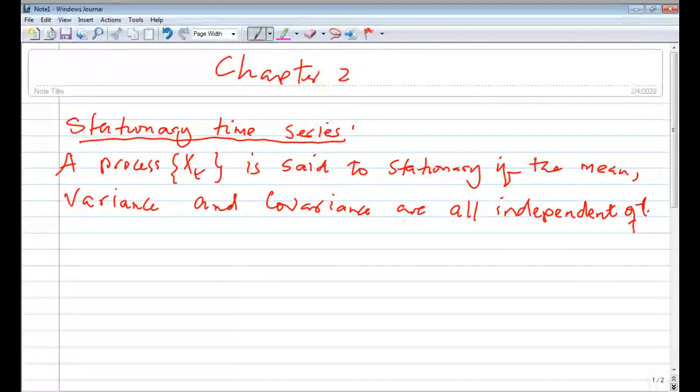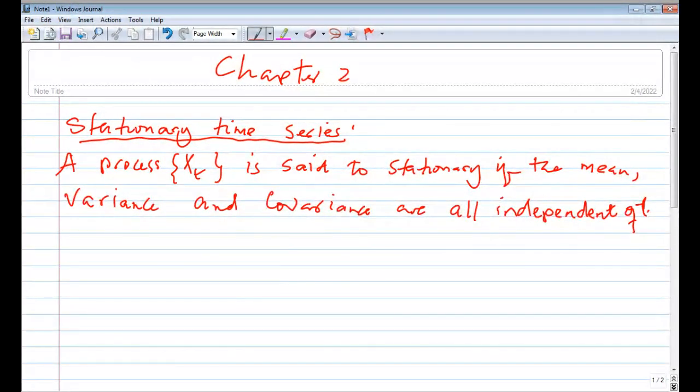But if you calculate the mean and find that it doesn't depend on t, you go on and calculate the variance. If the variance depends on t, you conclude that the process is not stationary. If the mean and variance don't depend on t, you go on and calculate the covariance.